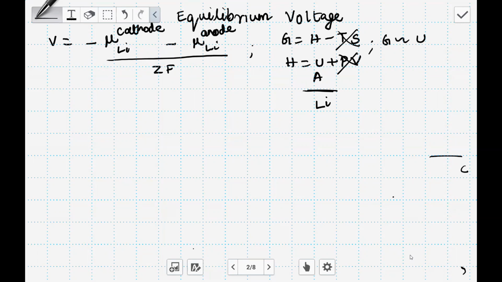Whatever the case may be, in the charged state, the chemical potential of lithium at the anode is higher than the chemical potential of lithium at the cathode. That is, when lithium goes from the anode to the cathode, the bonding becomes more favorable.